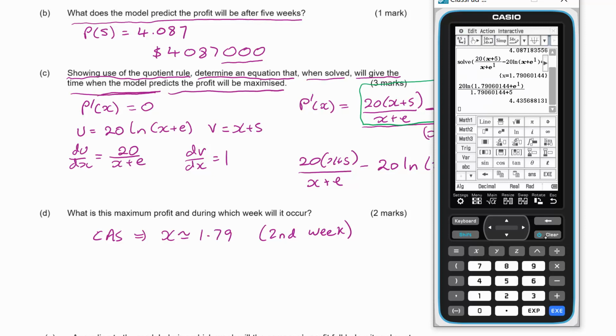And that gives me 4.436. And so we can say that that is, since it's in millions, 4,436,000.